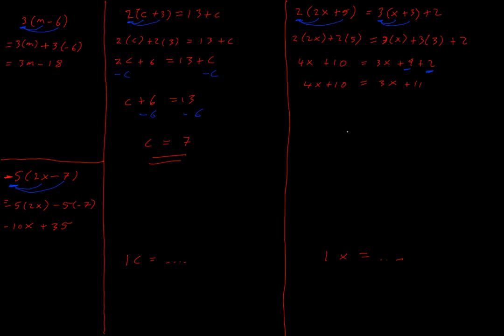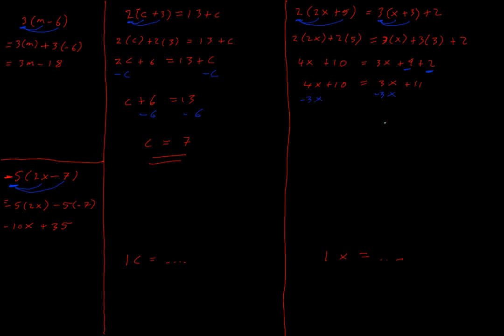So I want to end up with 1x on the left-hand side is equal to just numbers on the right-hand side. So I don't want this 3x here. I want to have no x's or 0 x's on this side. So let's take away 3x from both sides.